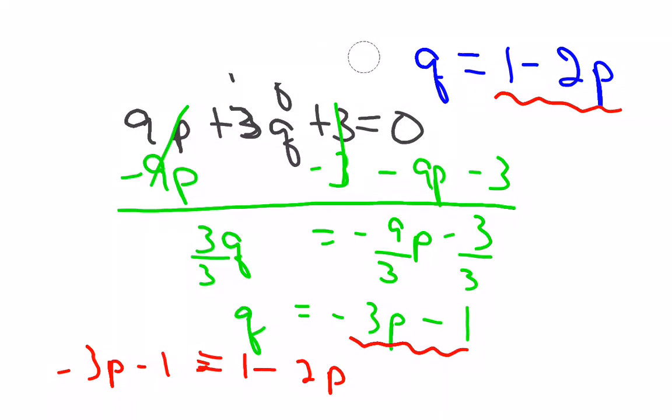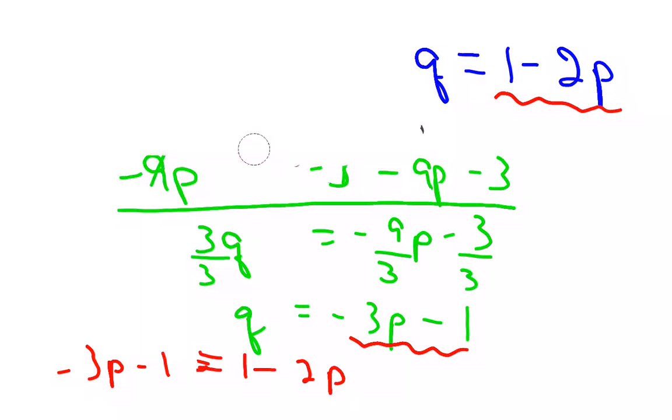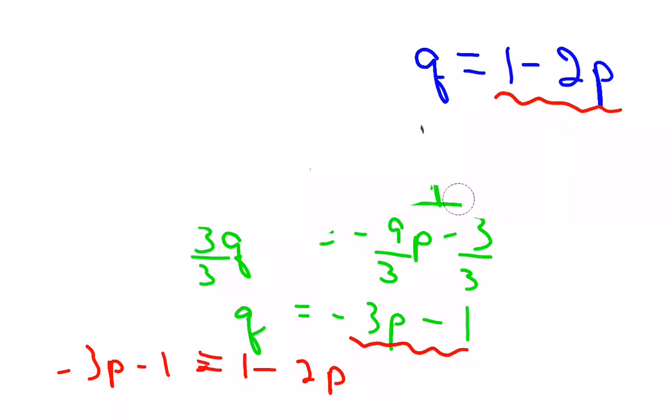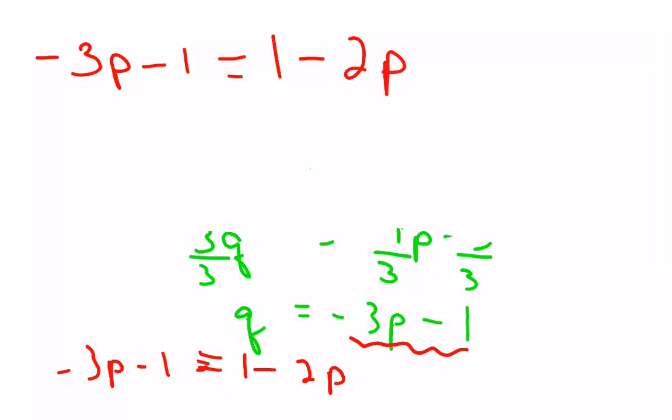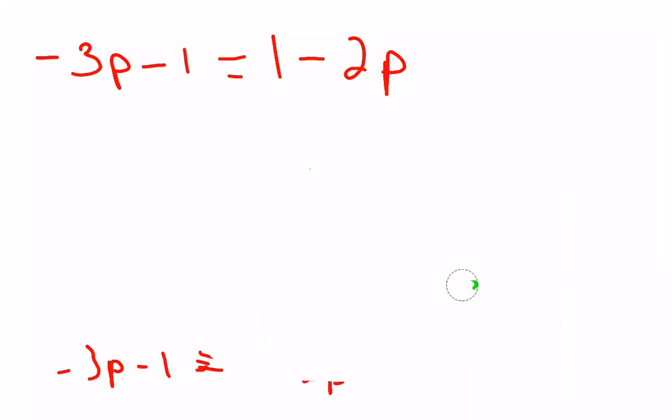All right, so I'm going to give us some more room so we can continue to solve this because we are not done. That's just the process. Okay, so let me rewrite that. Negative 3p minus 1 equals 1 minus 2p. Okay, so now we want to continue and solve for p to see what we get.